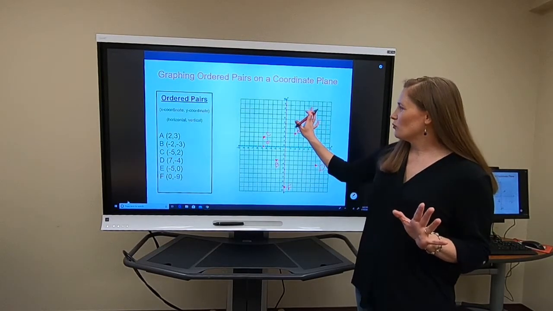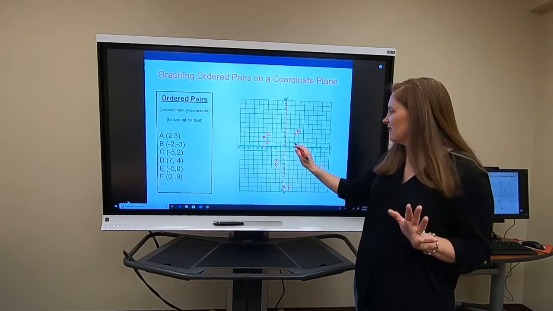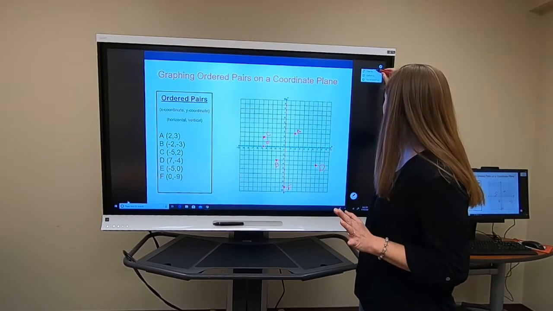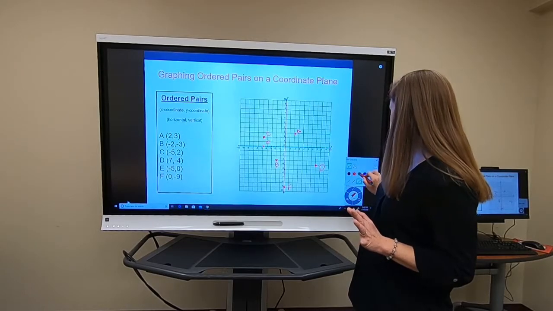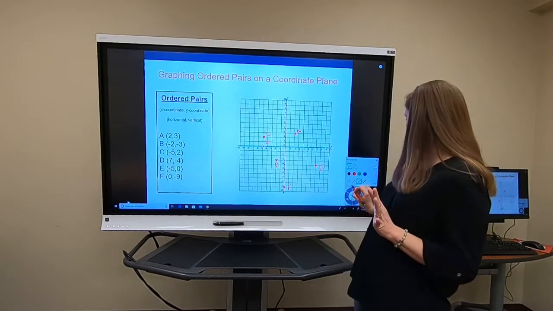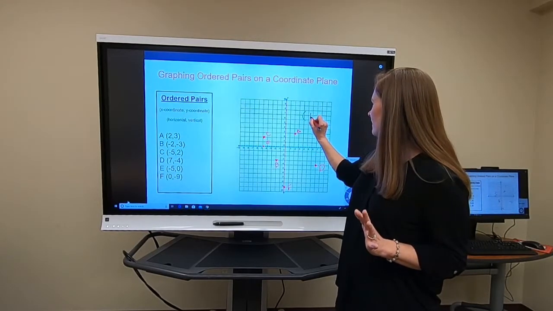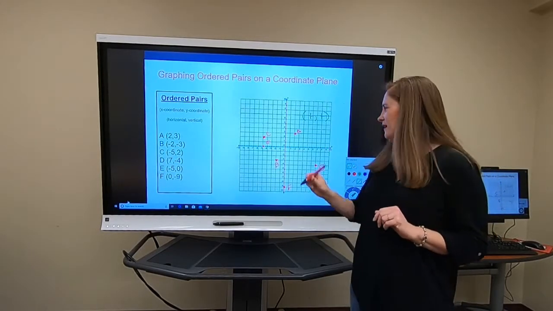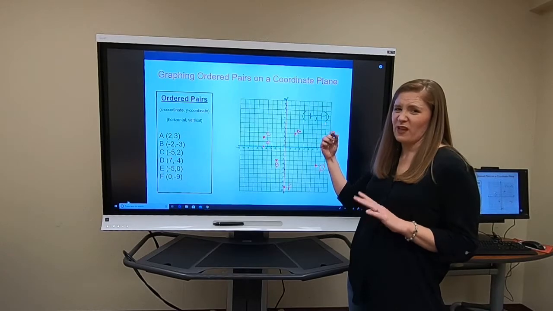When you graph something in this quadrant over here, it's always an ordered pair that is positive, positive. I'm going to change my color because I can, and that's fun. So the x is always positive and the y is always positive.